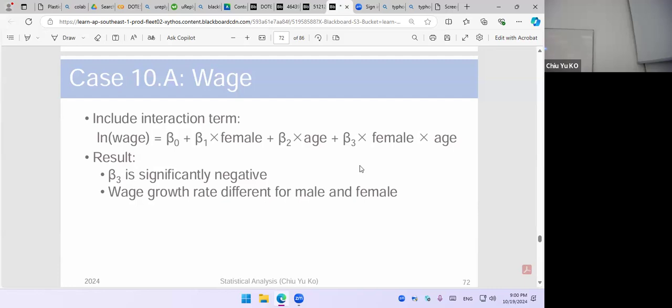Because we want to say your wage rate will depend on whether you are female or male, and also depend on how old you are, how experienced you are. But this allows the idea that men and women grow on a different wage path. Maybe women go faster, maybe women go slower, I don't know. If you allow that, you have a different path. So this is called an interaction, which is to multiply. It actually comes from a mathematics problem.